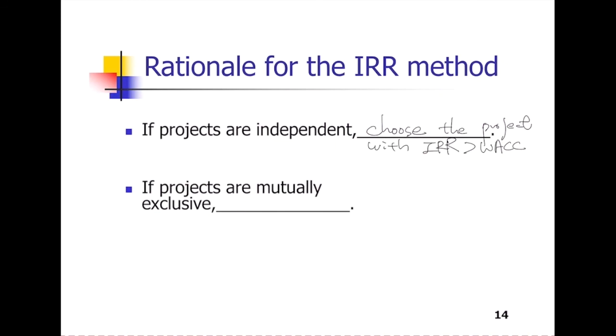And the second case, if the projects are mutually exclusive, it means what? Yeah, only one project can be chosen. So if the projects are mutually exclusive, choose the project with the higher IRR, and it should be larger than the WACC, right?